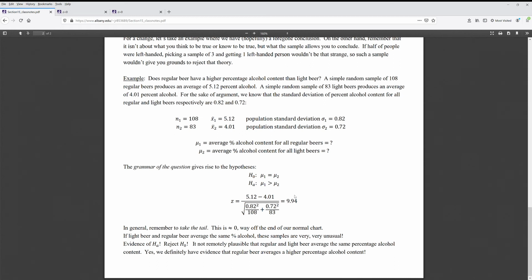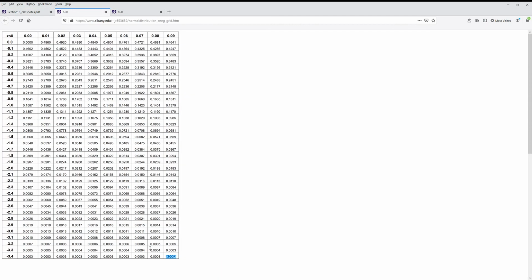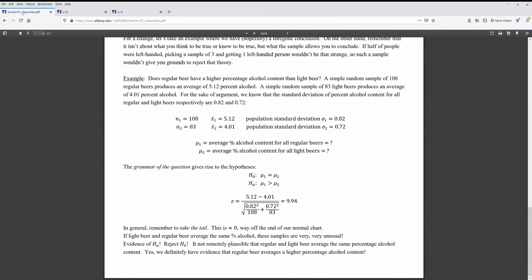In particular, it is obviously less than 0.0002, and happening less than 2 out of 10,000 of the time through random chance. Well, what is that? 1 out of 5,000 of the time through random chance. That is pretty unlikely by anybody's standard, and it is considerably smaller than anything we're going to compare it to.